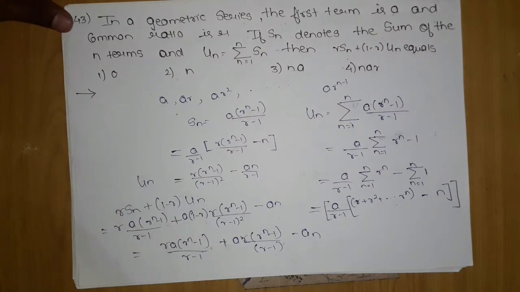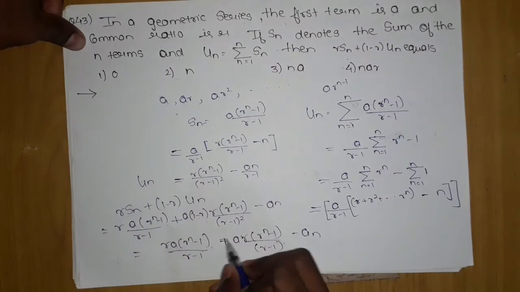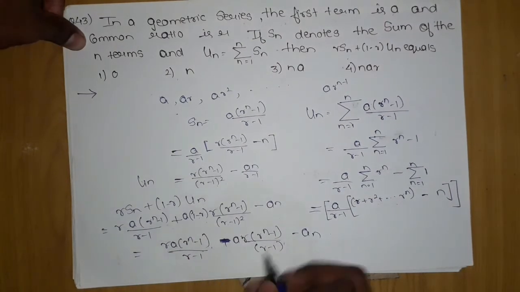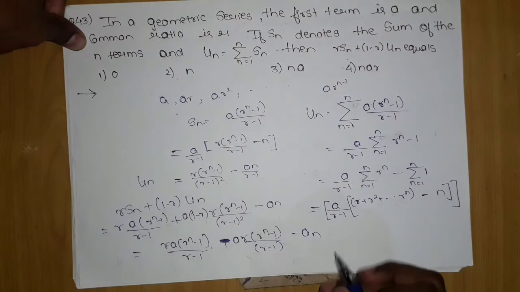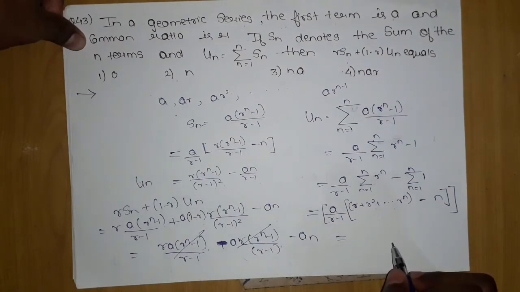The mistake is like this, that we cannot cut this thing with this, because this is 1 minus r and this is r minus 1. So we will take a minus outside, which will give me this minus, and then this will cancel out, giving me my final answer.